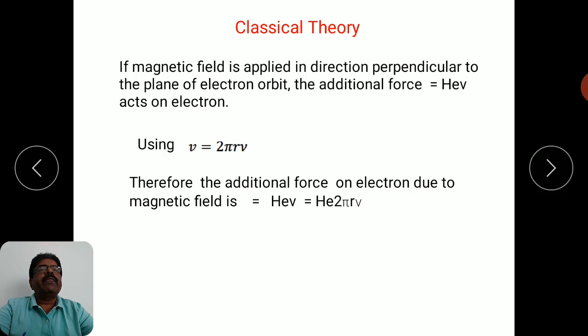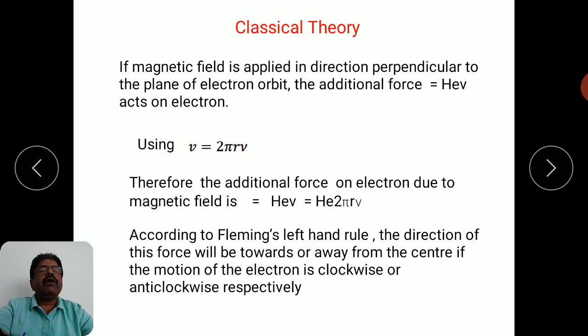Using v equal to 2 pi r nu, which we already defined, you just substitute v, that is H e 2 pi r nu. So that is the additional force acting on the electron.